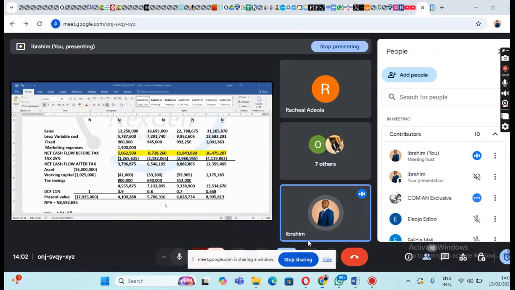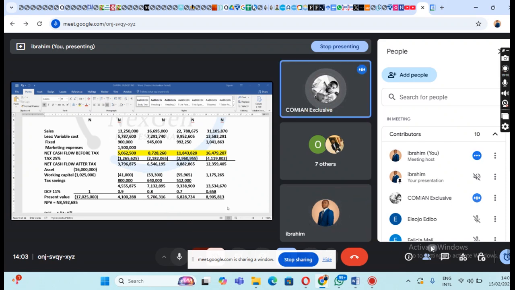What is the NPV? That figure you're giving, how did you get it? I don't think it's correct, because the net cash flow is 7,132,895. So start from there, times 0.8. What do you have? 7,132,895 times 0.8.